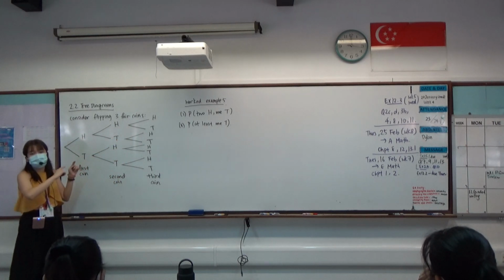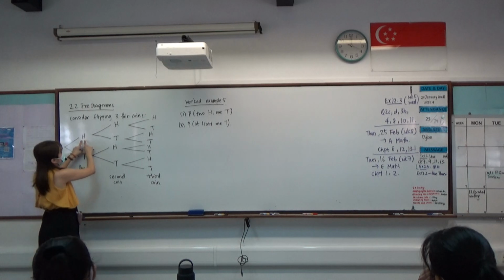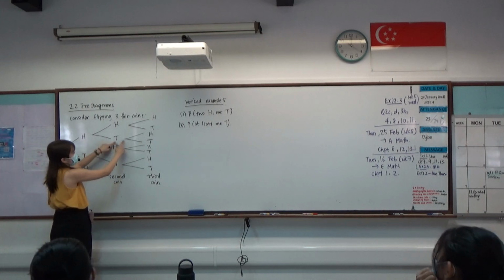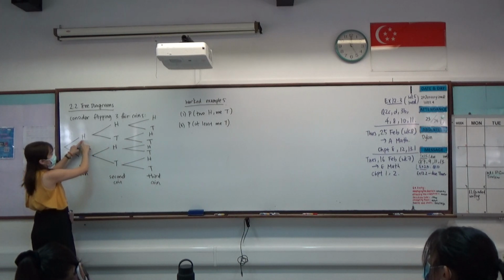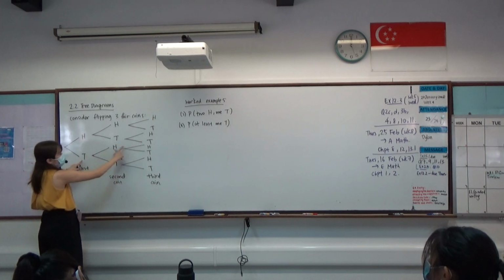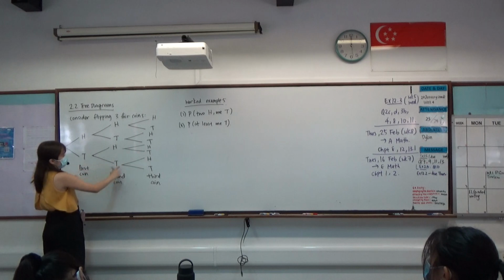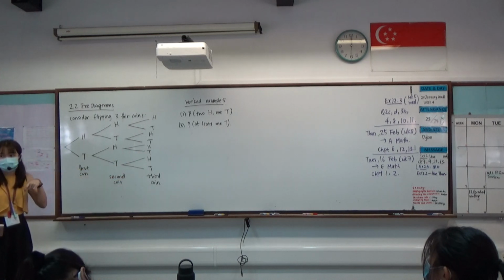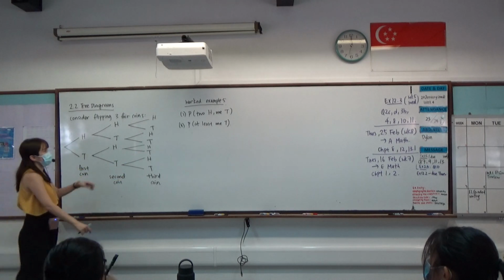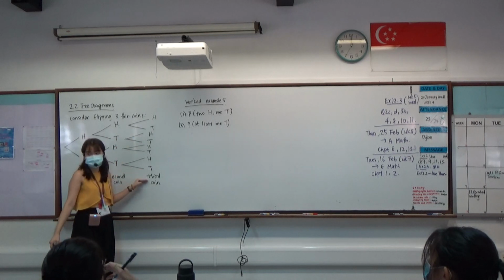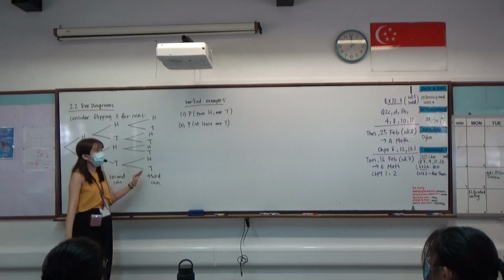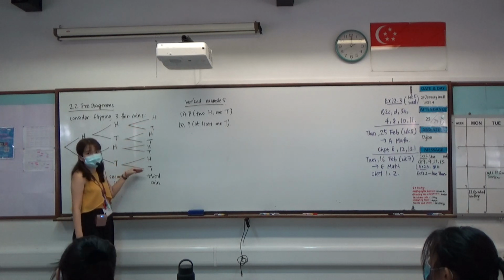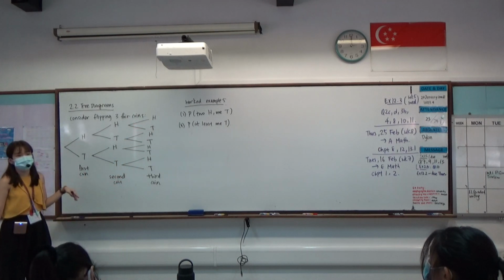So you can follow along the branches. Then we can also have 1 head, 1 tail, then the second head over here. Then after that, we can also have HTT, THH, THT, TTH, and TTT. So there is a total of 8 possibilities, 8 different possible outcomes. So we can count at the end what are the different outcomes that are possible.